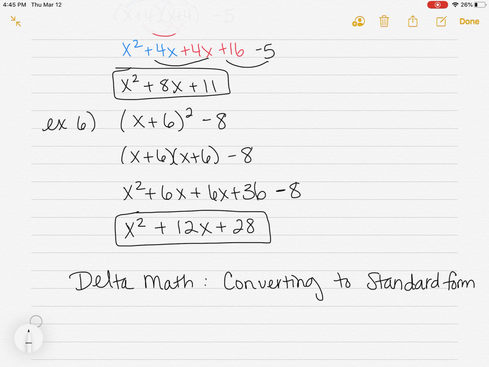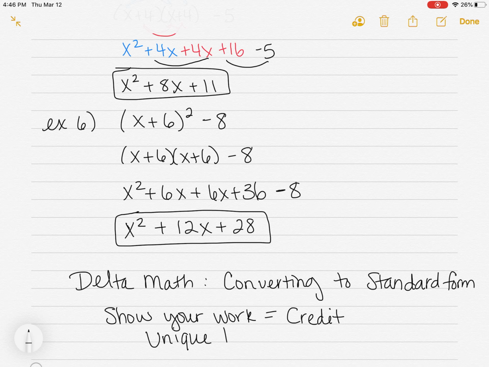And again, you're going to have a unique ID with each problem, so be sure to show your work for credit and record that unique ID for each problem. Okay, so don't forget that on your paper.